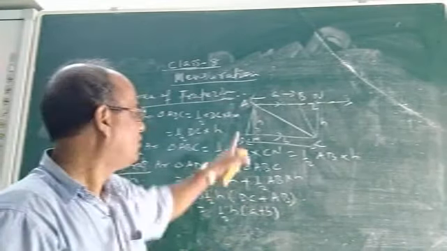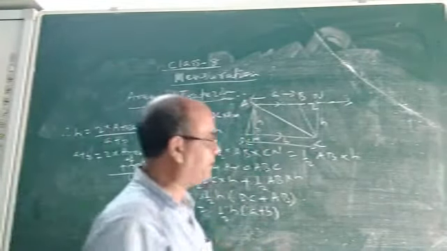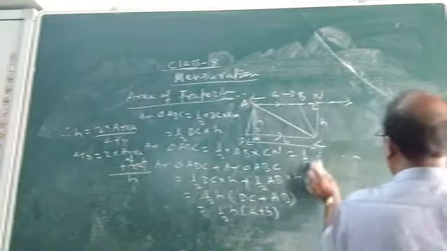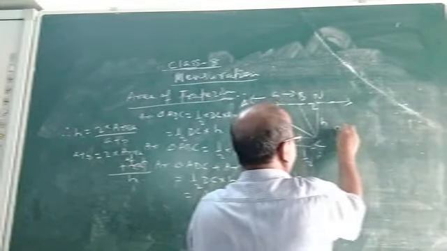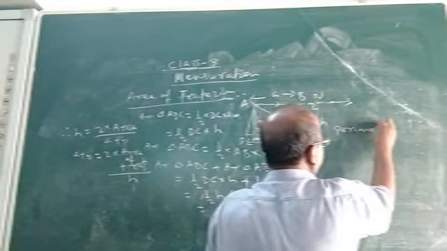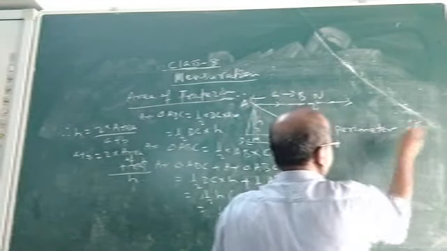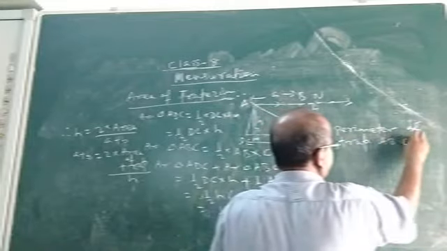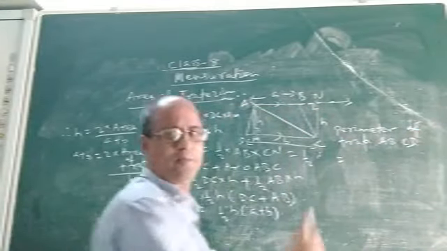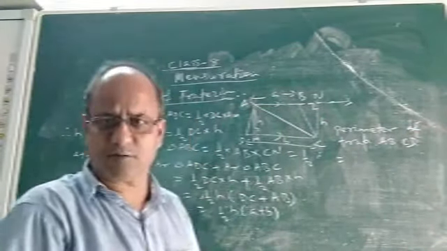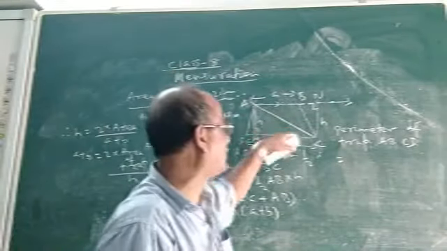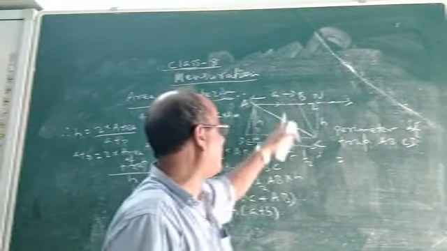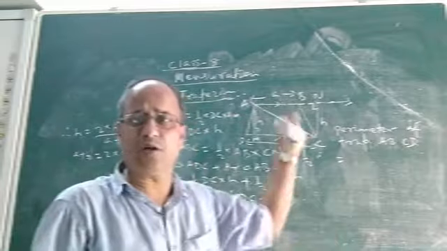Then what will be the perimeter of a trapezium? Let me tell you. Suppose the trapezium is ABCD. You know, children, what is perimeter? Perimeter is the length of the boundary. And boundary means the sum of the two parallel sides as well as the two non-parallel sides.